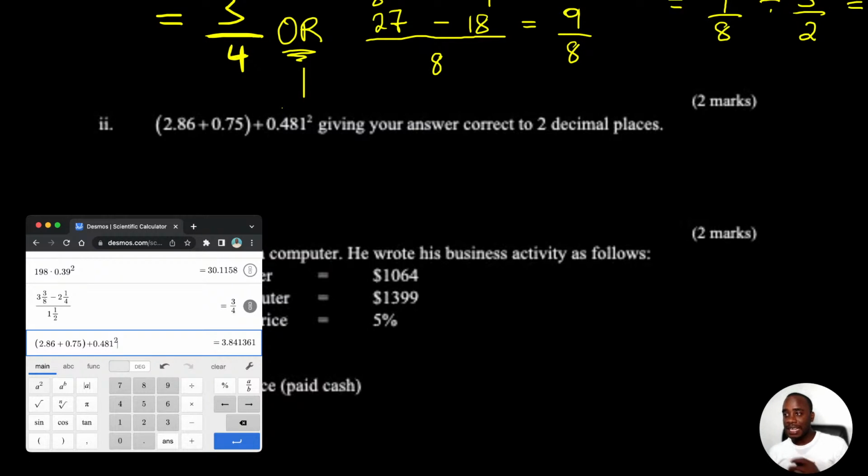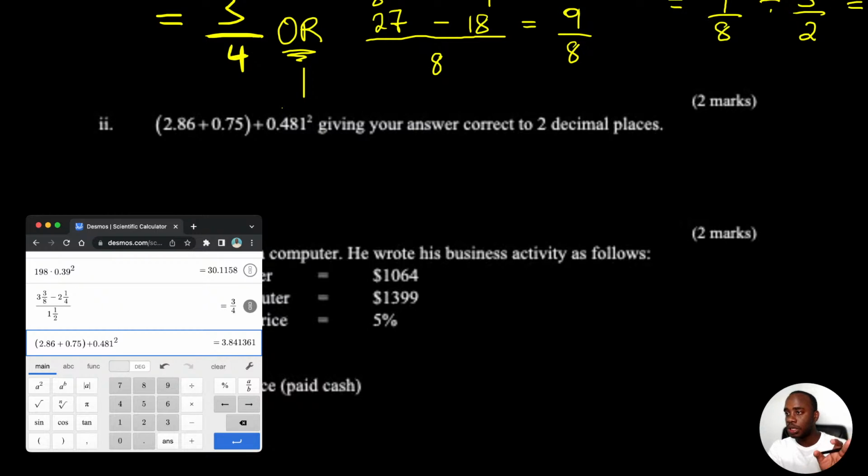So our exact answer is 3.841361. And it says we want it to 2 decimal places. So we're going to do that now to the second decimal place. I wish you guys could see my mouse, but here the second decimal place is 4. Is the number beside it greater than or less than 5?